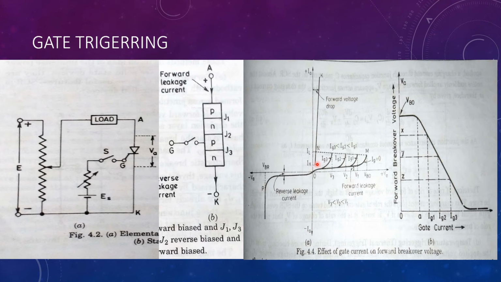Holding current may be defined as the minimum value of anode current below which it must fall for turning off the thyristor. Latching current is associated with turn on process. Holding current is associated with turn off process.